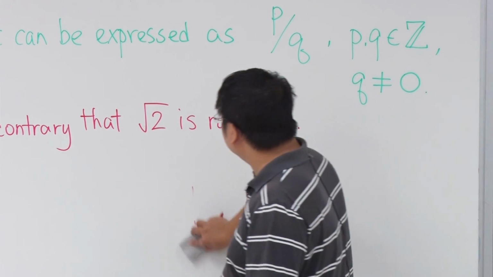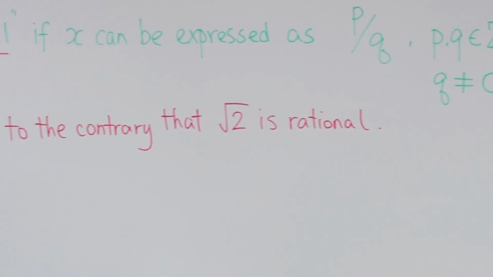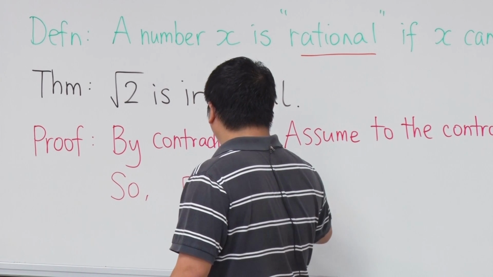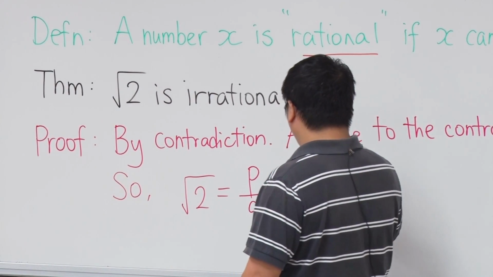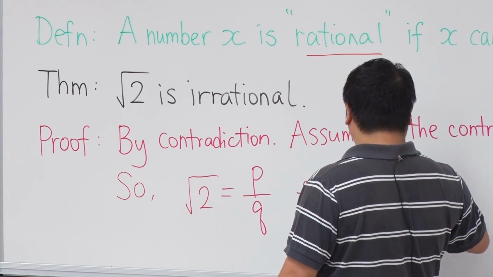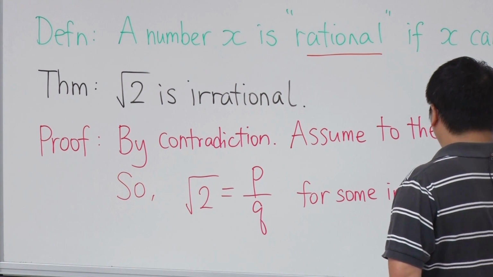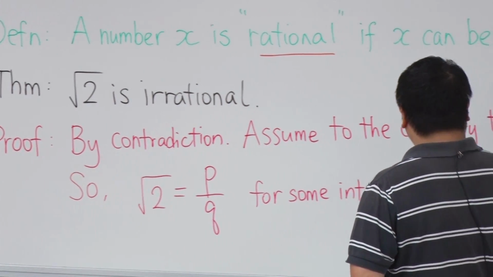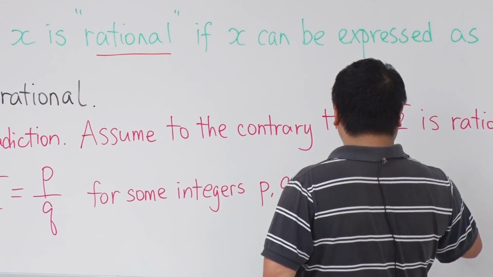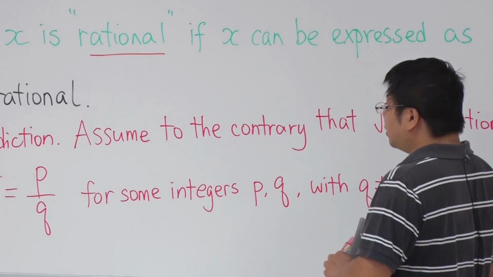So assume to the contrary that square root 2 is rational. So square root 2, you can write it down as p over q for some integers p and q with q not equal to 0. Is that okay? Good. Let's continue the proof.